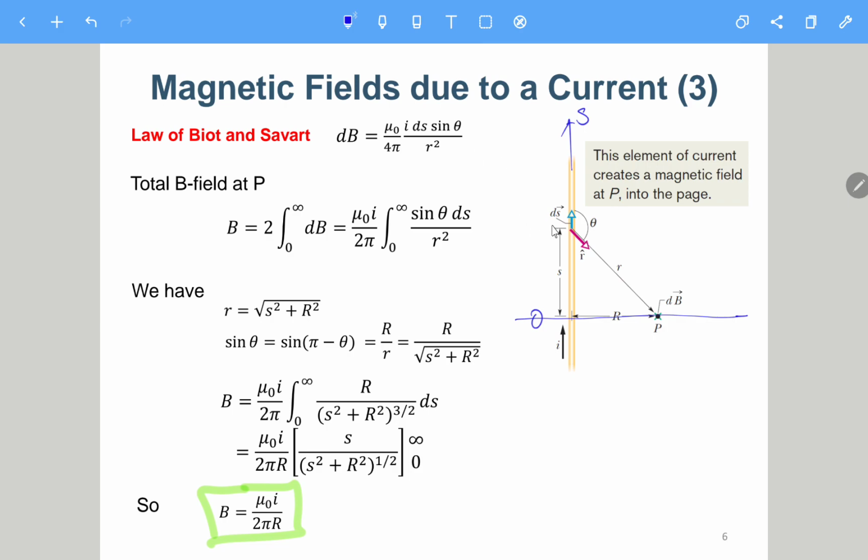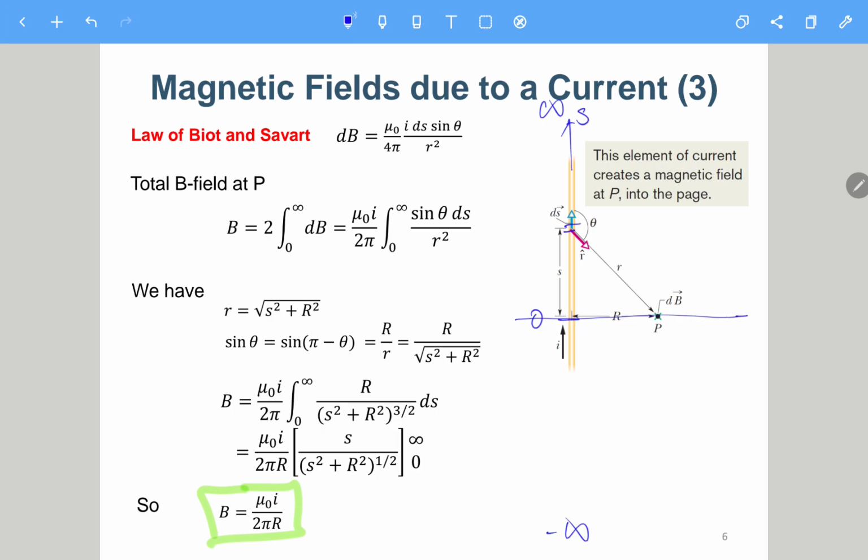Here it means that it is an infinitely long straight wire, from negative infinity to infinity, and it is symmetric.